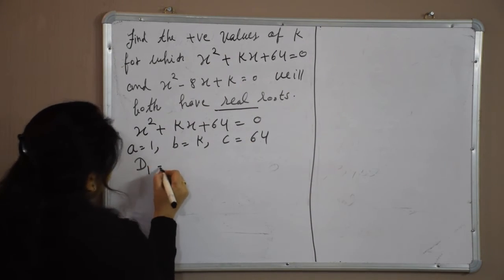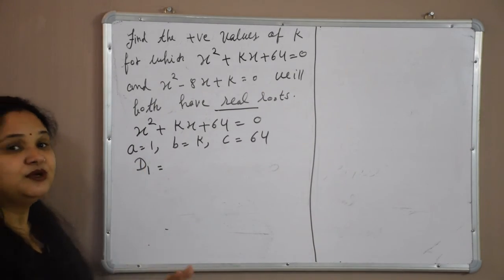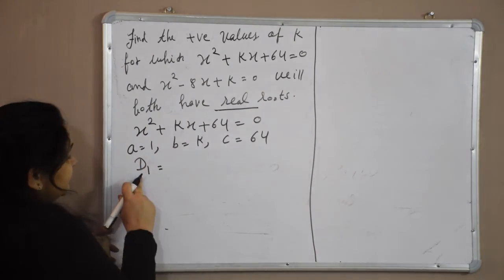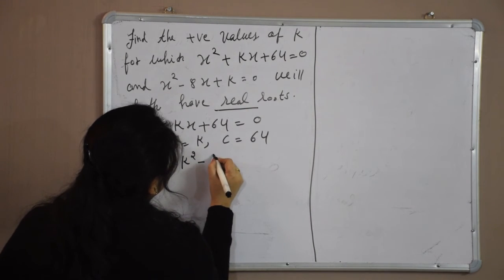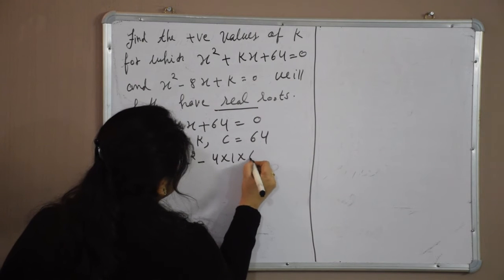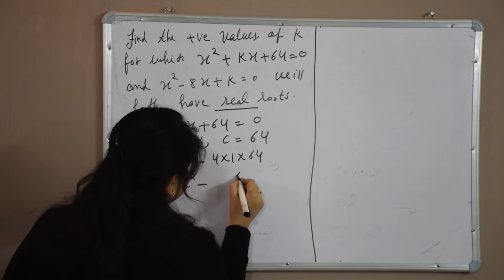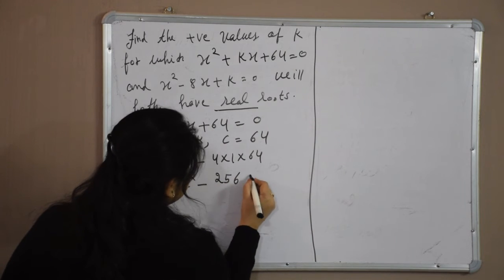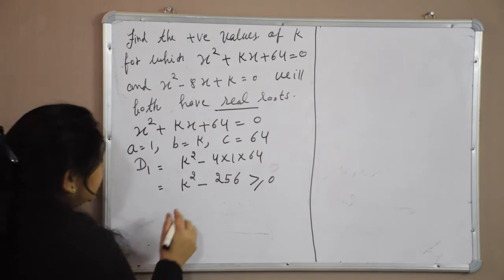Here, because there are two equations, we will consider the discriminants as D1 and D2 to differentiate between them. So I am considering D1, and here b square minus 4ac, 4 into 1 into 64, equals k square minus 256. That should be greater than or equal to 0 because the roots are real.